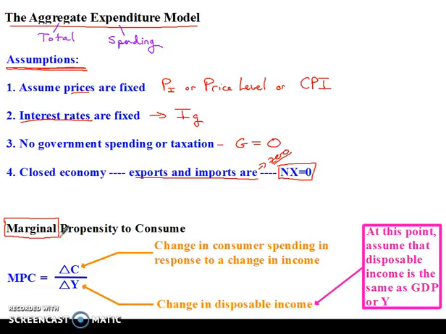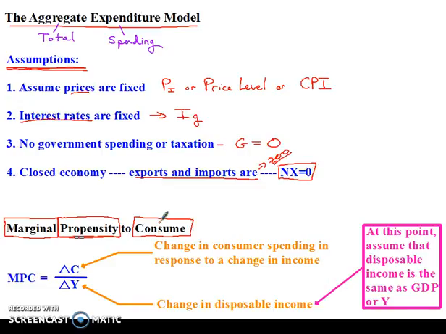Propensity is the tendency you have to do something. And consume means to buy something. So the marginal propensity to consume is the additional tendency to buy something.